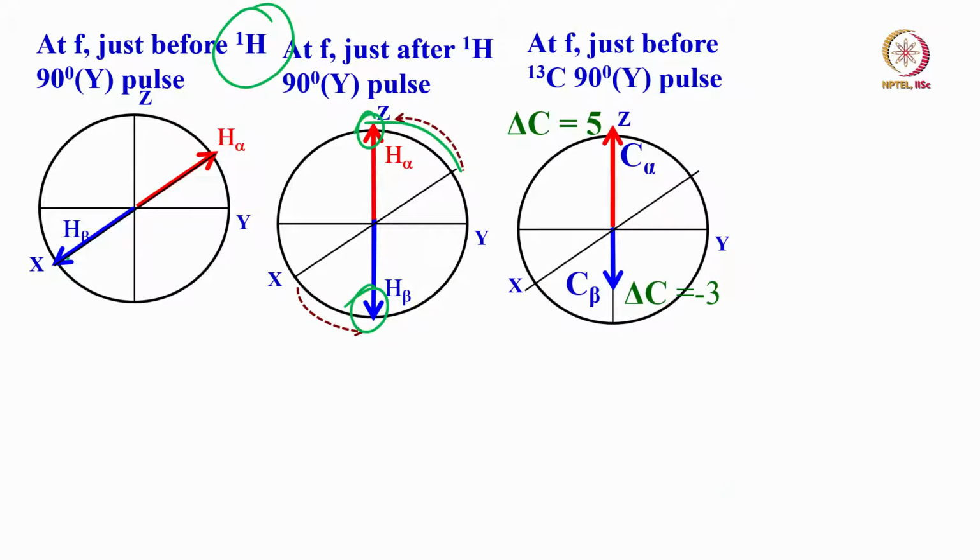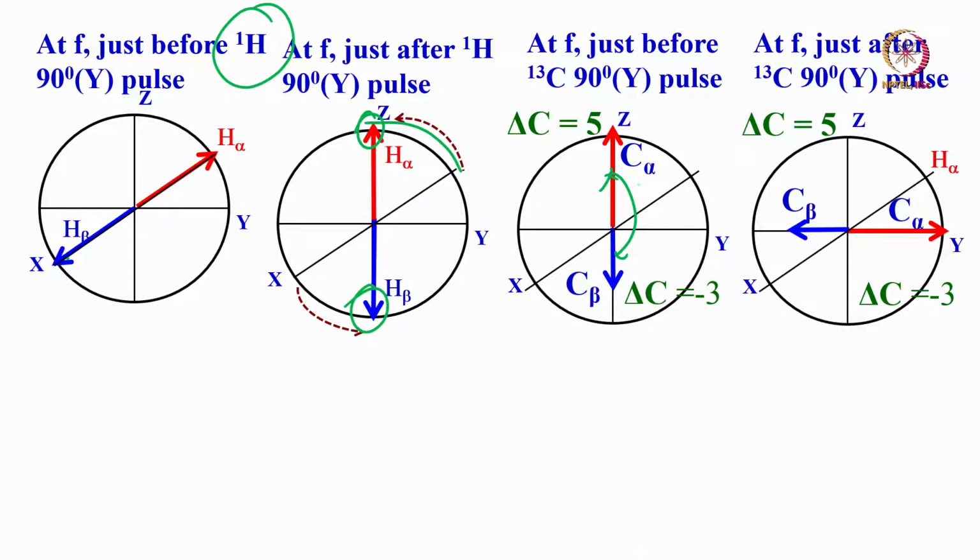That is what we observed. At F, now the carbon 13 90 pulse, this is what we got for the plus y. After the carbon 13 90 pulse also, this is the thing we observed. This is exactly what we were discussing till now. This is our plus y pulse. Remember, for the proton pulse and carbon 13 pulse we saw it was plus y.